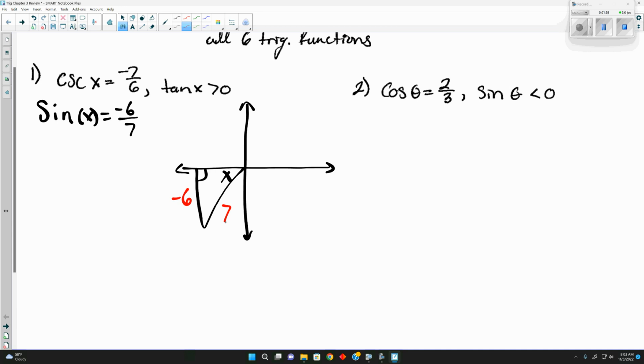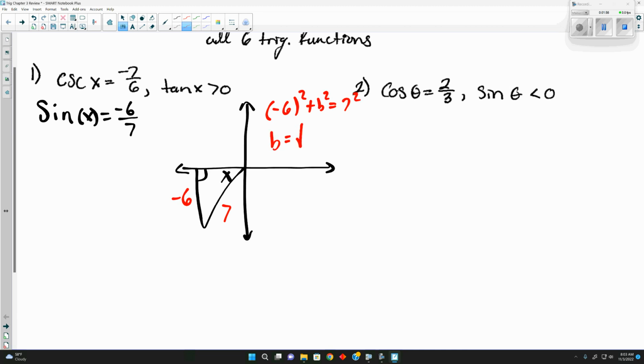At this point, we can use the Pythagorean theorem to find the other side, which unfortunately is not going to be a nice number, because we're saying negative 6 squared plus b squared is equal to 7 squared.